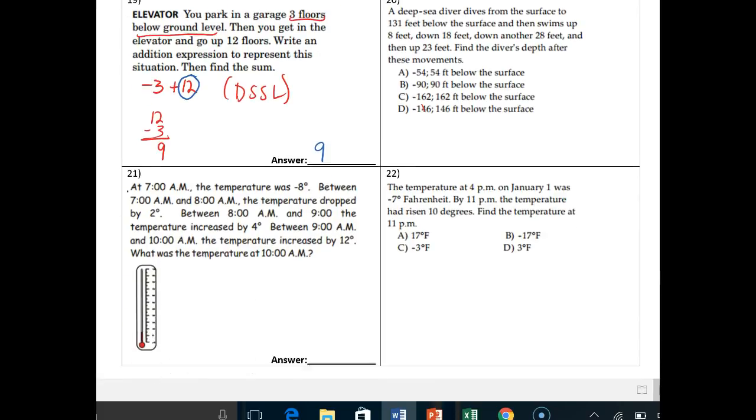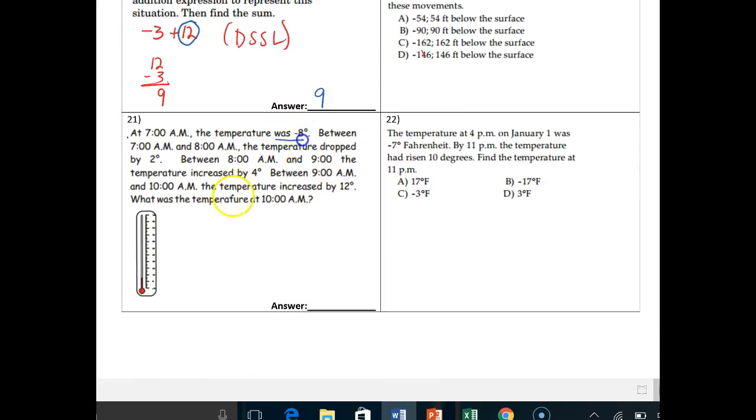And lastly, at 7 a.m., the temperature was -8, tells us right there. Between 7 a.m. and 8 a.m., the temperature dropped by 2, so plus -2. Between 8 a.m. and 9, the temperature increased by 4, so plus 4. Between 9 a.m. and 10 a.m., the temperature increased by 12, plus 12.